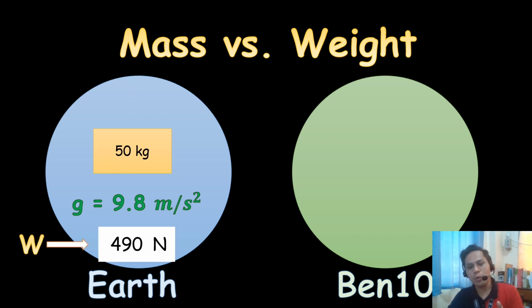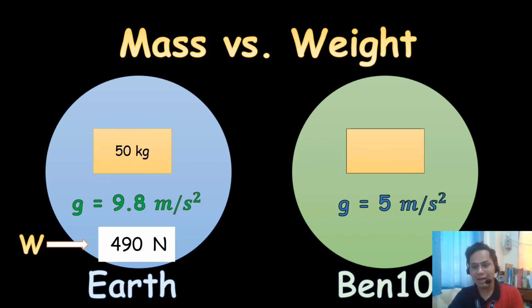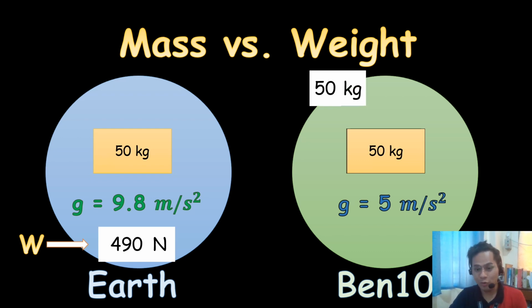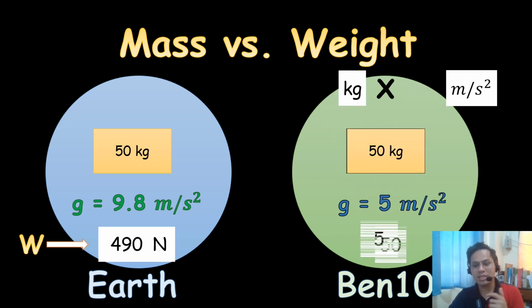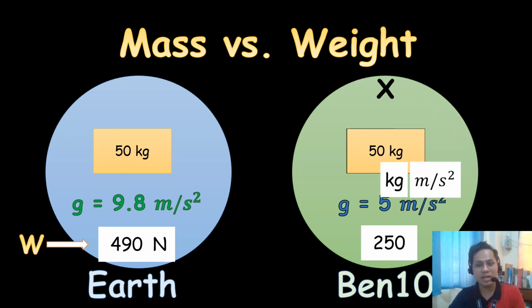But if we're going to bring the same mass to planet Benton with an acceleration due to gravity of 5 meters per second squared, it still will have 50 kilogram mass. But the difference is lahi na ang iyahang weight. Gano man siya. In this case, you have now 50 times 5, so that is 250, and then kilogram times meter per second squared, that is now newton.